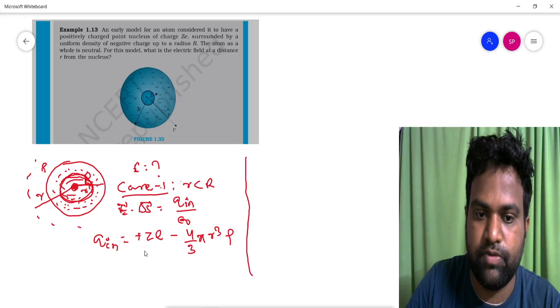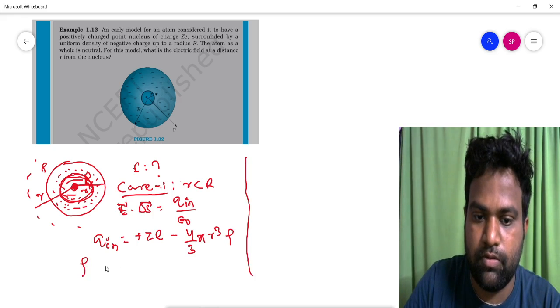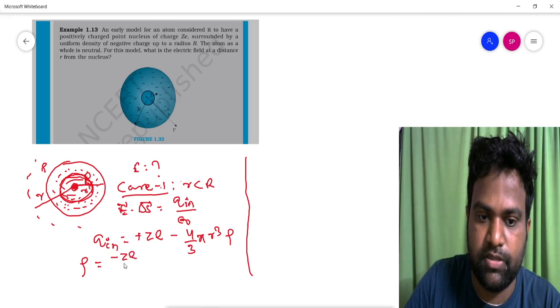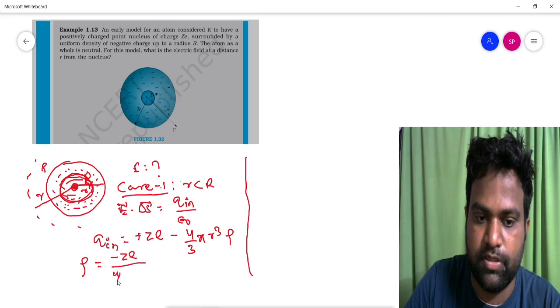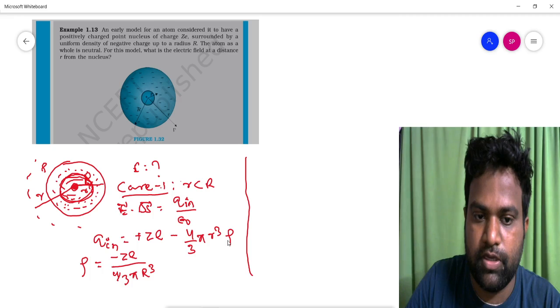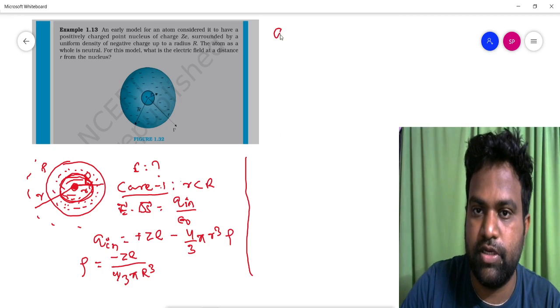Now we can calculate this rho. Rho is the density of electrons, that is total negative charge, minus Ze, by the volume of this atom, that is 4/3 pi R cube. This is your rho.